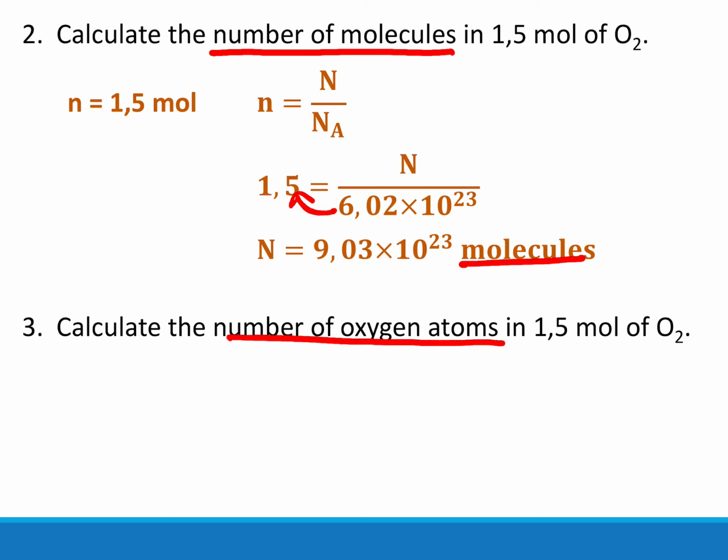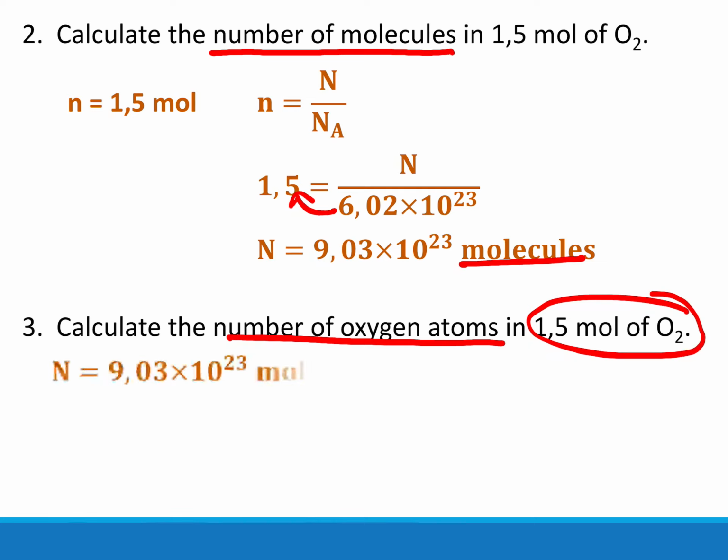Oh, now we get to the fun part. In 1.5 moles of O2, I know that we have 9,03 times 10 to the 23 because we just worked it out. But I want to know how many atoms I have.